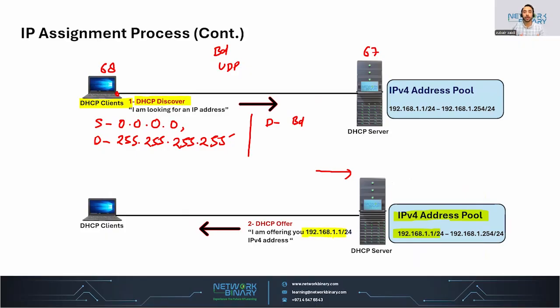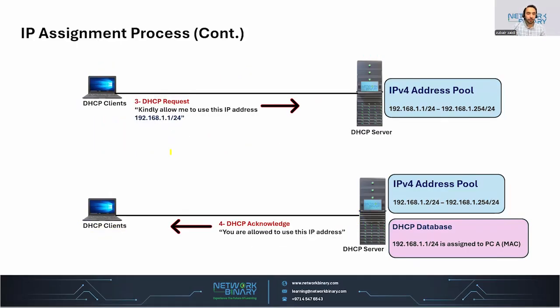This IP address is going to be offered to the client. So the server says, hey, I'm going to use the second step, the DHCP offer message, and I'm going to offer you 192.168.1.1. Again, this is broadcast communication. It uses the source IP address, its own interface IP address. That's not 0.0.0.0, but the destination IP address is the same, the local broadcast IP address.